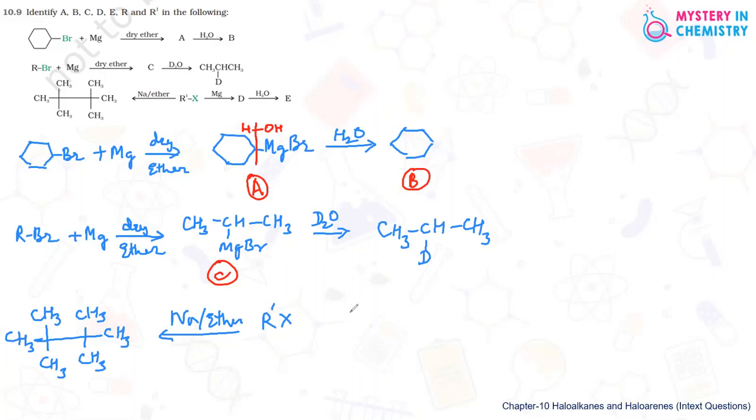So this RX should be CH3, C, with Br attached here. Then only we can get the final product as the first one.